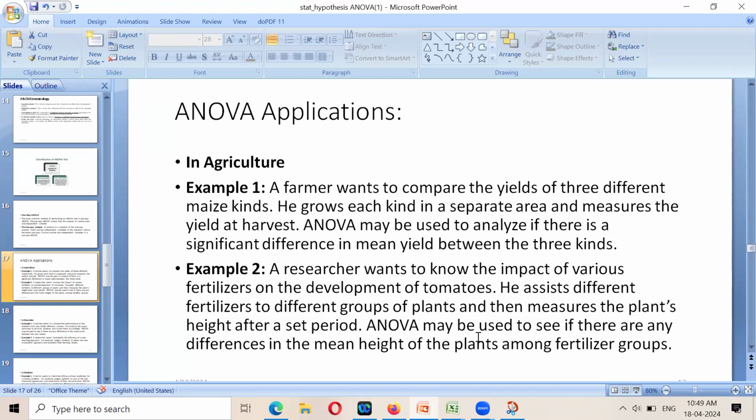In both of these cases, ANOVA will not fail to give the result. Rather, it will give you more accurate predictions that you can take into the decision for the next crop. That is the beauty of ANOVA. At every sector, it has use.